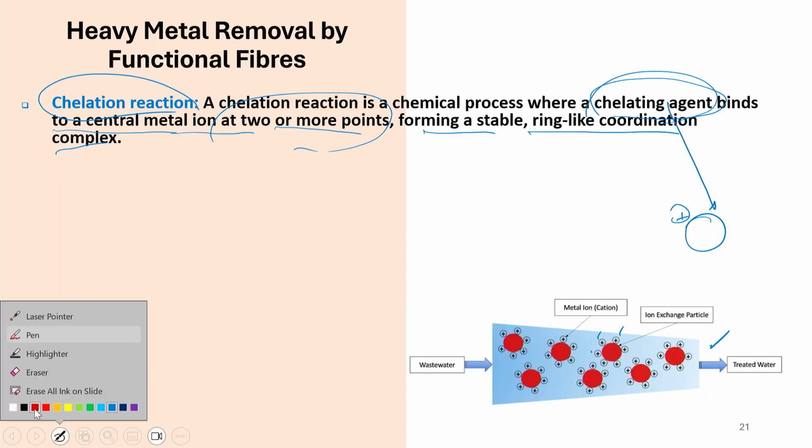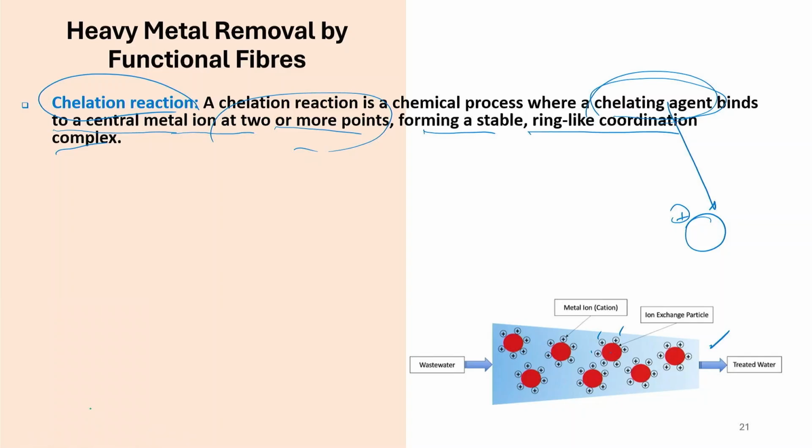these different metal ions are there, they get attached with this at different points, maybe two or more points, and which makes a stable ring like coordination. So, it will form a ring like coordination.